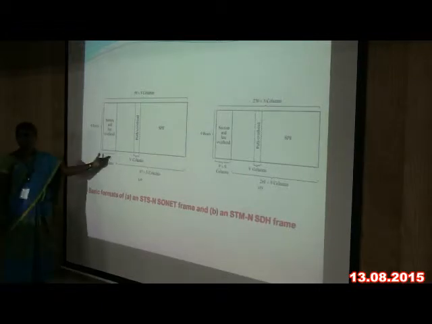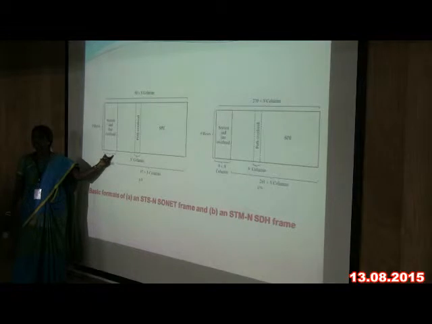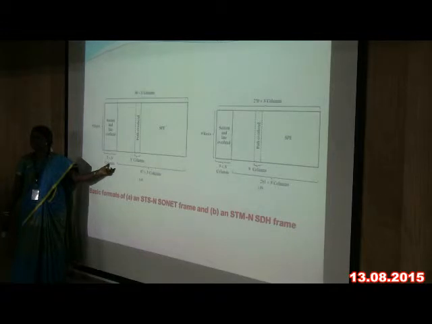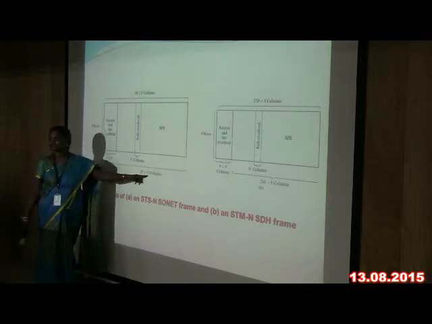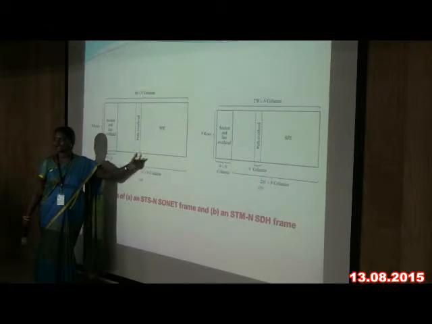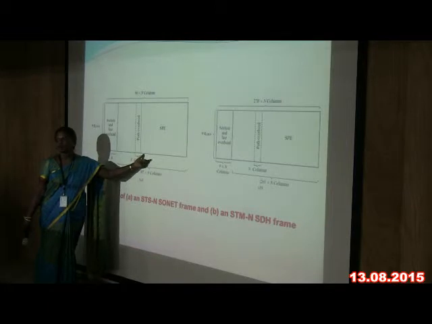Here 3 into 12 columns are allotted for section and line overhead. The remaining 87 into 12 columns are allotted for the SPE. Among these, 12 columns are allotted for the path overhead.